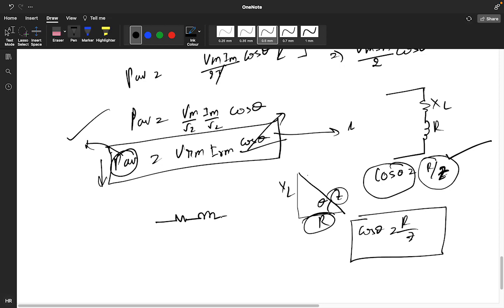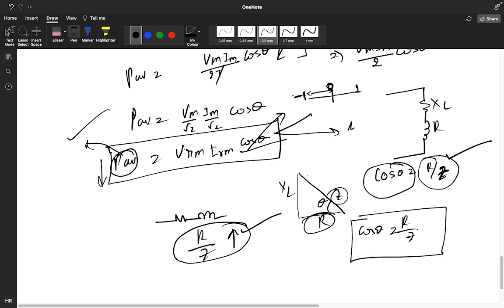If you increase the R by Z ratio, then your cos theta will increase, and the cos theta value will lie between -1 and 1.